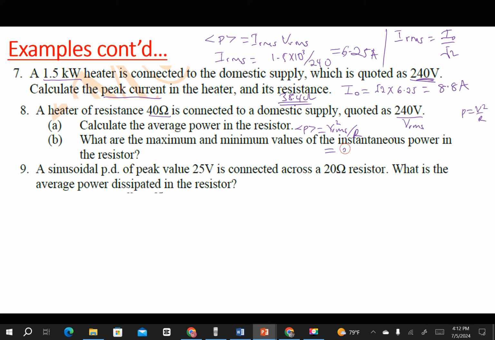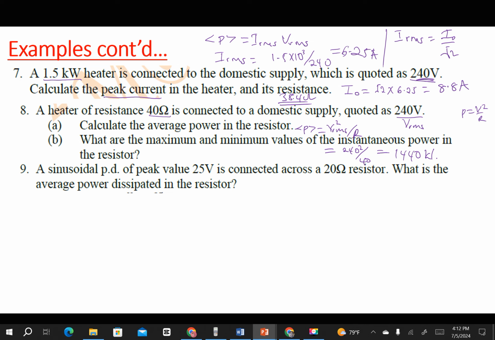V root mean square is 240 squared divided by R, which is 40. So this gives us the average power. 240 squared divided by 40. And this gives us 1440 watts. So this is going to be the average power.